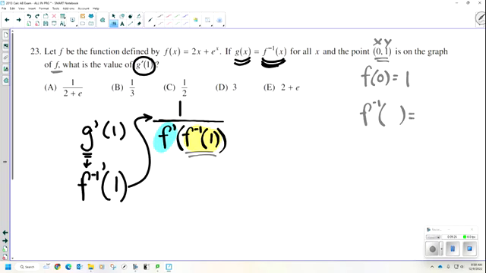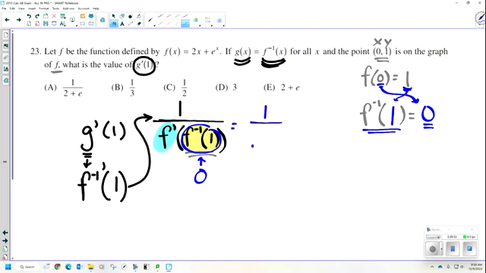We do. That's the whole premise of inverses, which means this x will become the y. This y will become the x. So look what we have here. The inverse of f at 1 is 0. That's what's going to go in there.